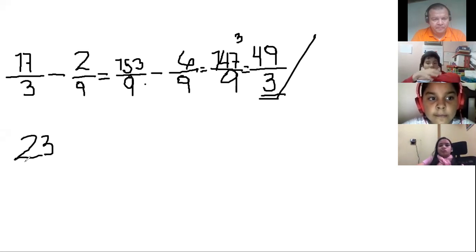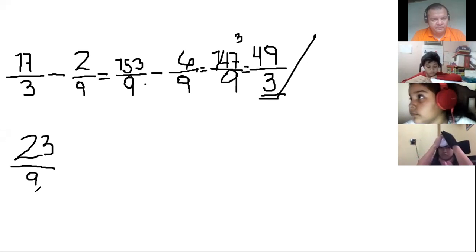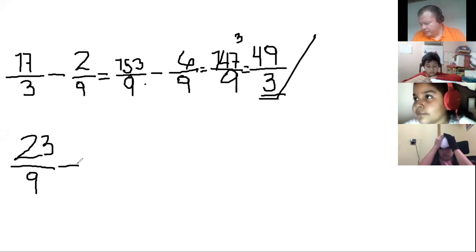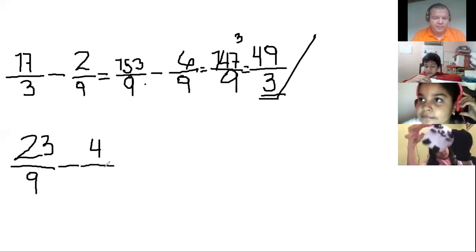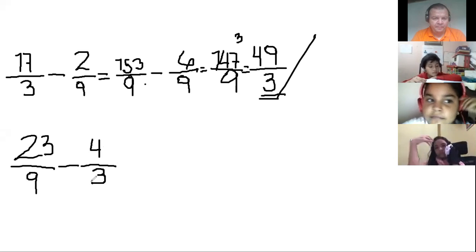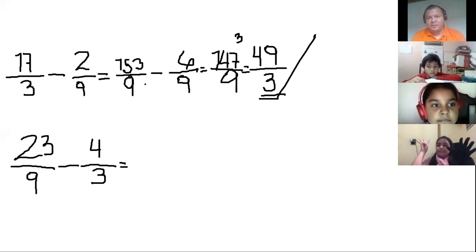23 over 9 less 4 over 3. Okay. What is the least common multiple or common denominator?